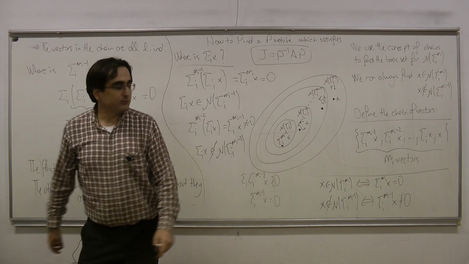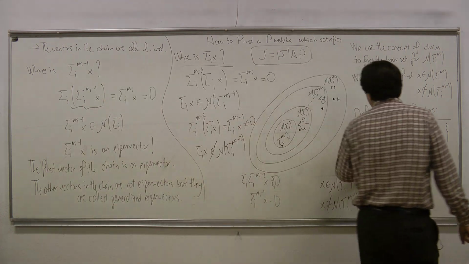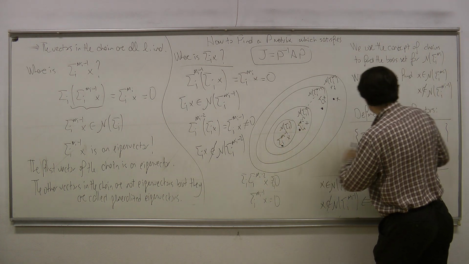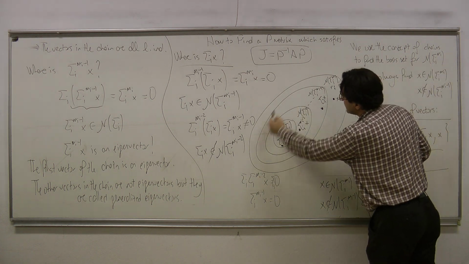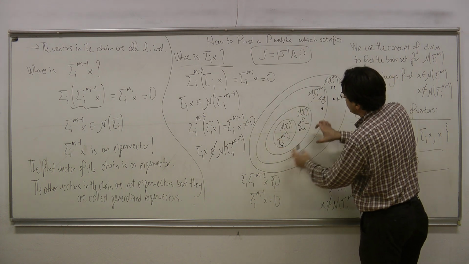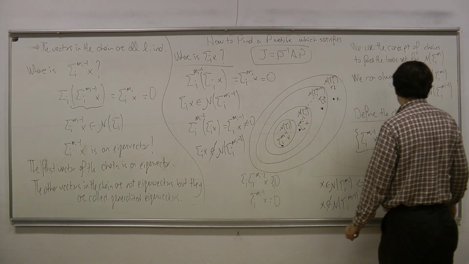Okay? And the first one would always be an eigenvector inside the eigenspace, and the other ones will never be inside this innermost ellipse, and they would be in the outer disks.